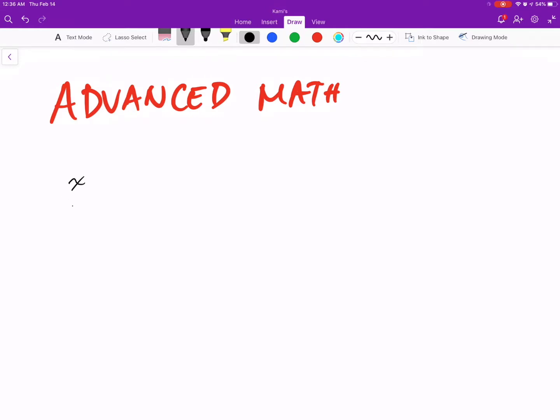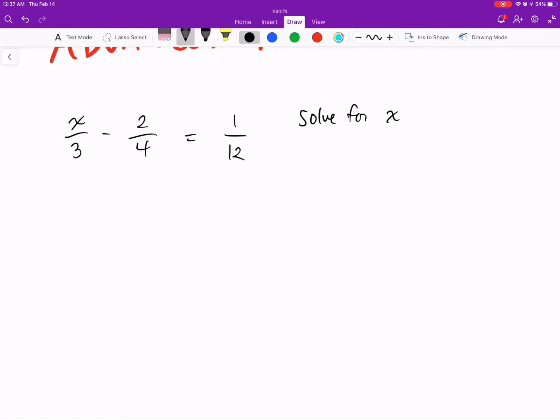So x over 3 minus 2/4 is going to be 1 over 12. We need to figure out what x is going to be. So we're going to solve for x. Alrighty.